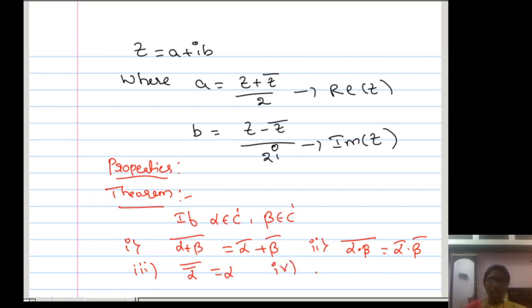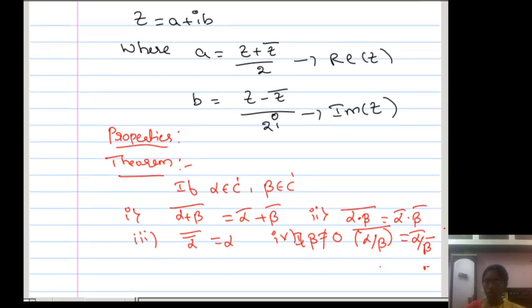Fourth one: if beta is not equal to 0, then (alpha by beta) whole bar is equal to alpha bar by beta bar. This is your theorem statement.